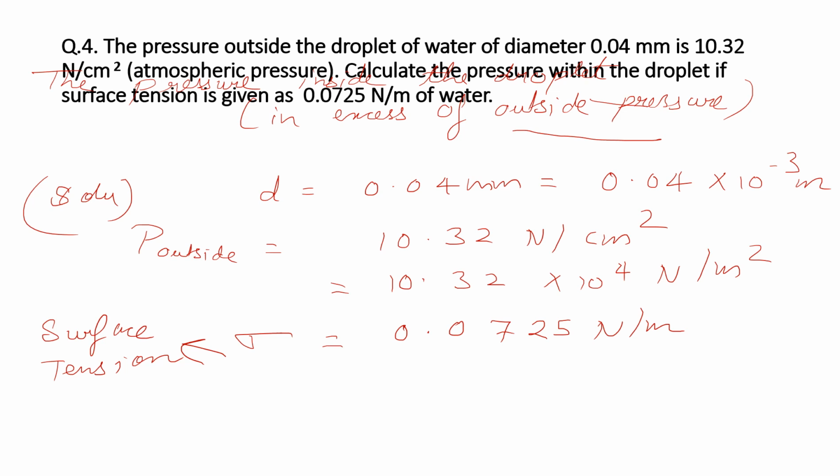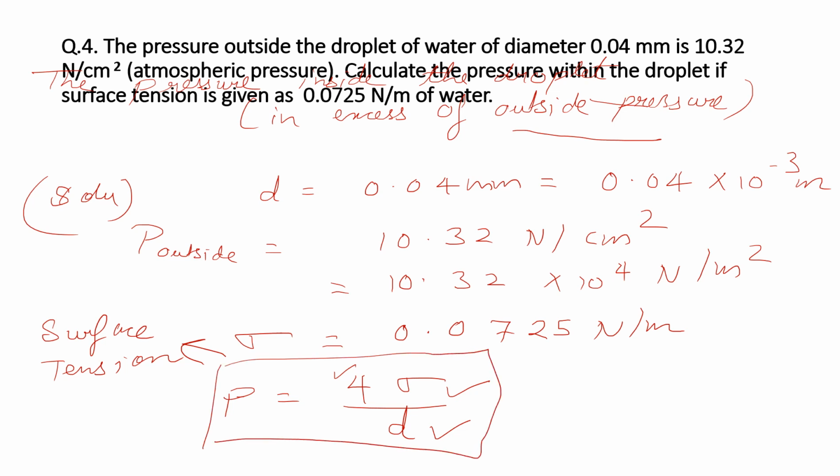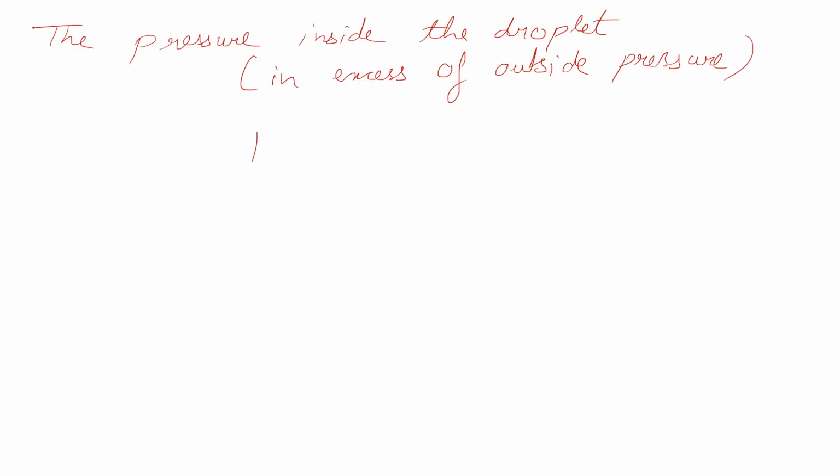So we write this expression as 4 sigma by d. So this is 4, this is our surface tension, and this is the diameter of the droplet, and this is our pressure. So we will use this expression. So the expression 4 sigma by d means the pressure inside the droplet in excess of outside pressure. So we will put the value.